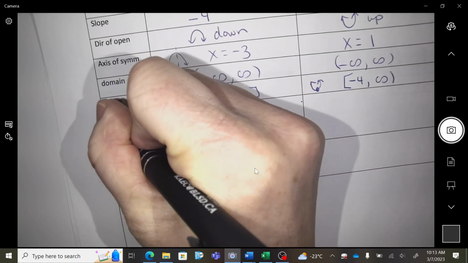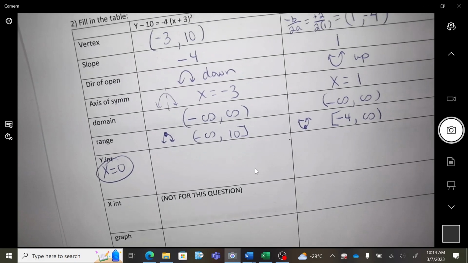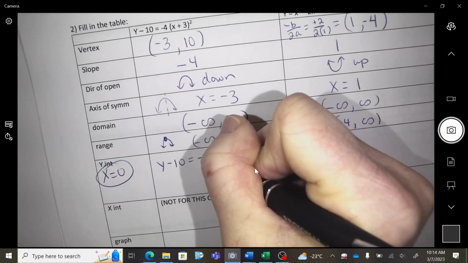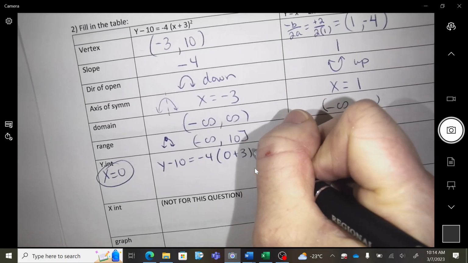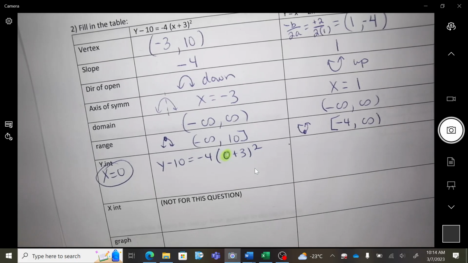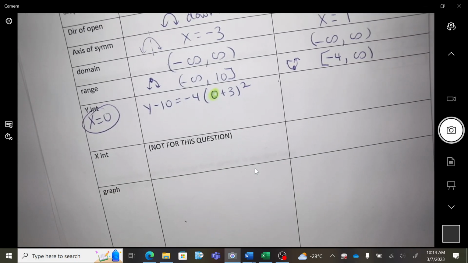Y-intercept is where x equals 0. Where x equals 0, and then I have to do a bunch of math with numbers. So calculate that, see what you can get.